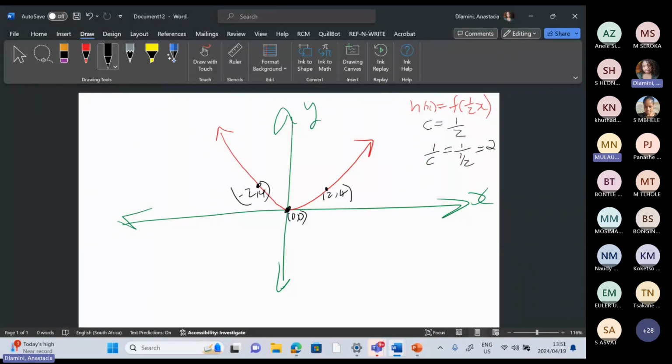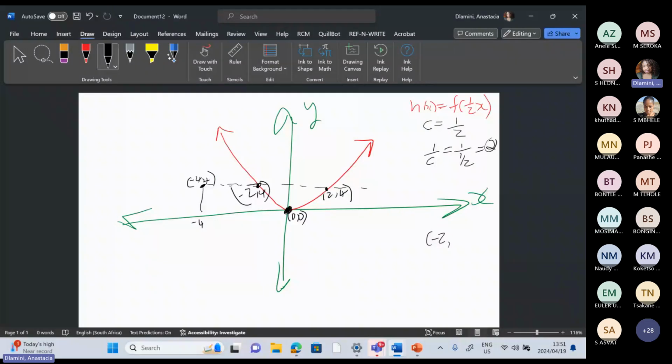So then take the x value and multiply it by 2. That will be negative 2 times 2, which becomes negative 4. It means your y value remains the same, but your x value changes to negative 4. So it'll be somewhere here. Let's say this is negative 4. So this will be negative 4 and 4. And here, it's still 0 and 0.